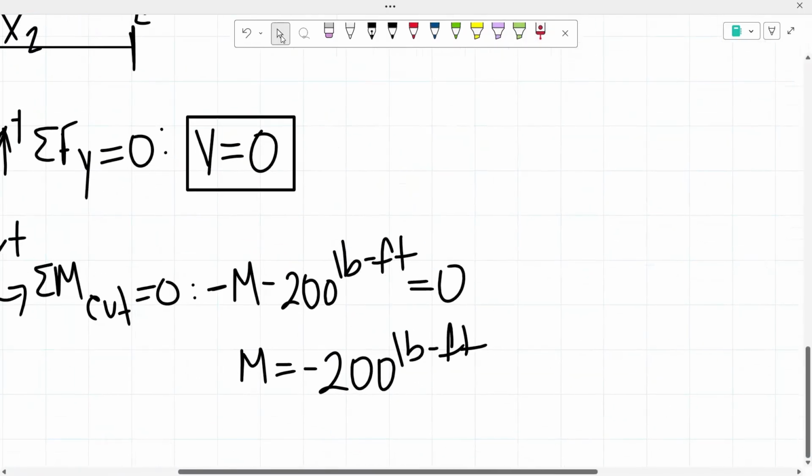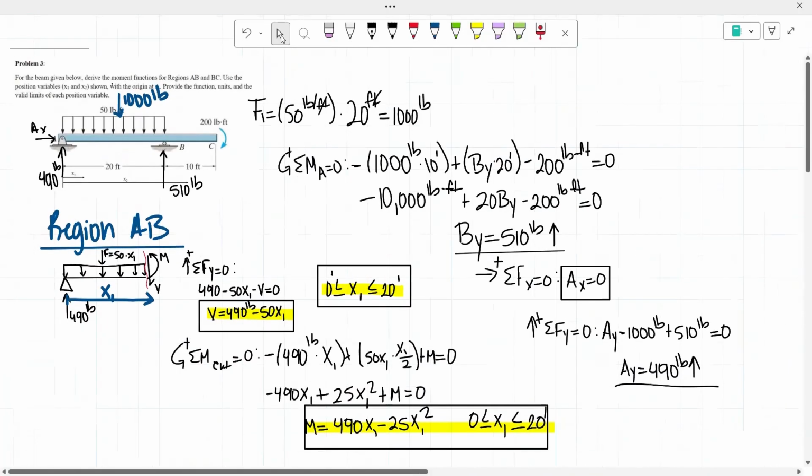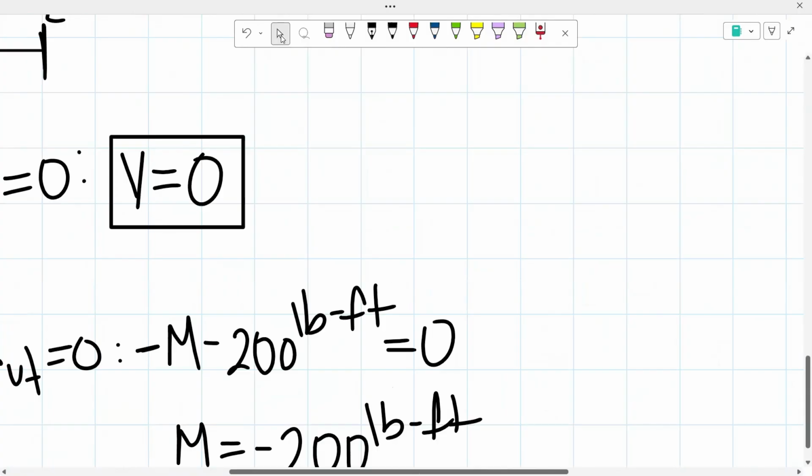So my valid limits would then technically be considered with the origin at A. So let me specify that.